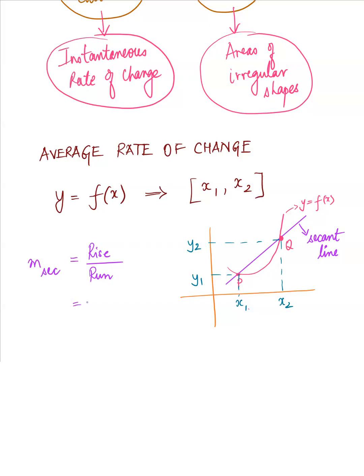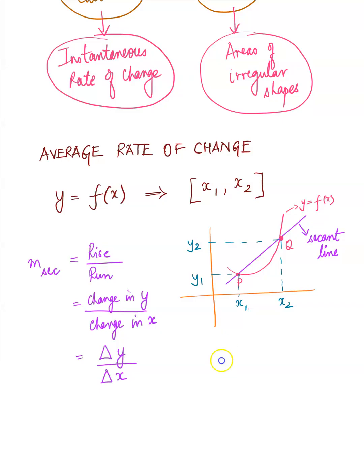But we know that that is change in y, that's your rise, over change in x. And the symbolic representation for that will be this triangle, y over triangle x. This triangle is actually a Greek letter, known as delta. So delta y over delta x is a shorthand way of saying change in y over change in x.